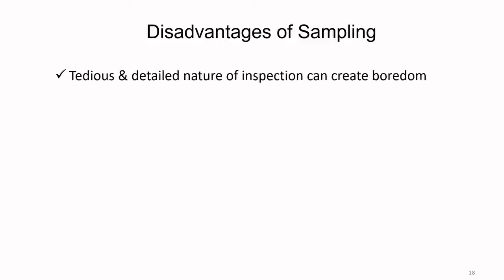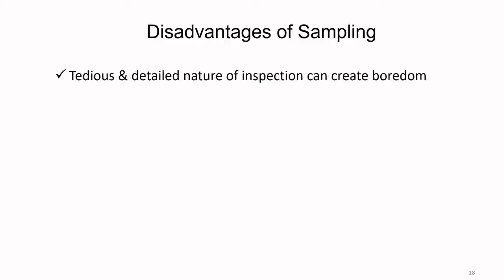So further, let's look at the further disadvantages of sampling. The tedious and detailed nature of inspection can create boredom. Oftentimes, when an inspector comes for inspection, when they start, they are full of energy, so you might find them finding faults in everything. But after half an hour, one hour, one and a half hours, you will see that they have slowed down.